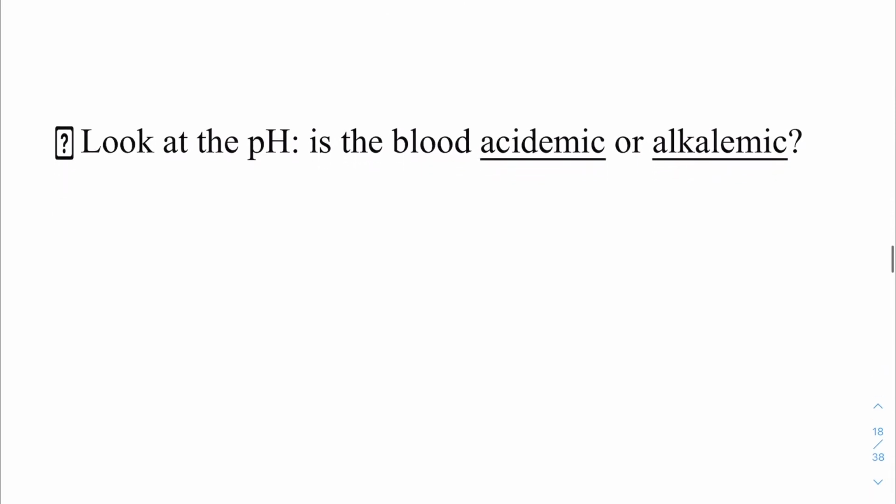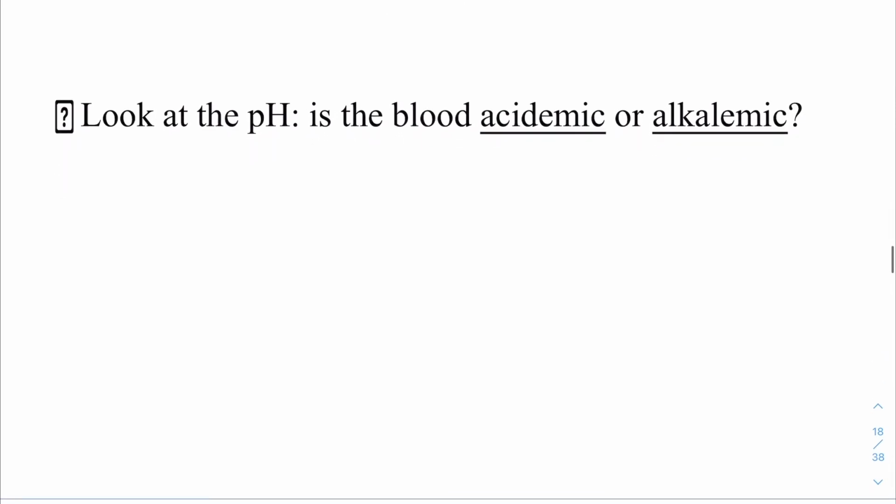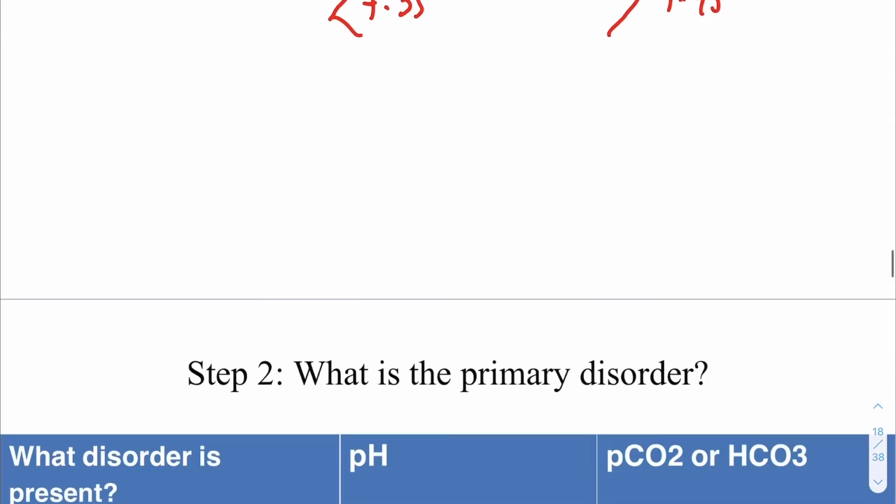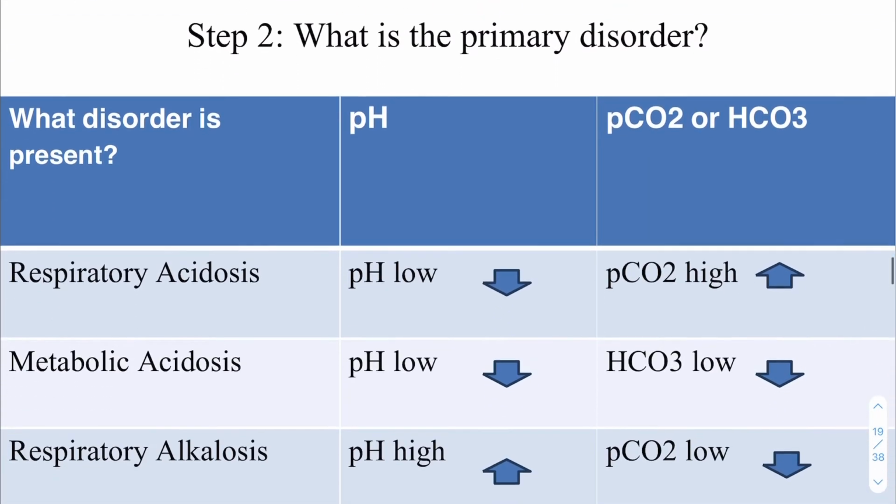Step 1, as I said, look at the pH. If the blood pH is below 7.35, this is acidemic, or if it is above 7.45, then it is alkalemic. In the next step, we said we need to find out the primary disorder. So what is the primary disorder?